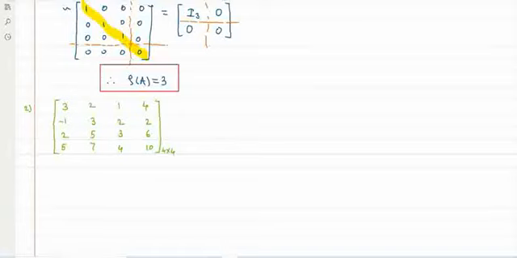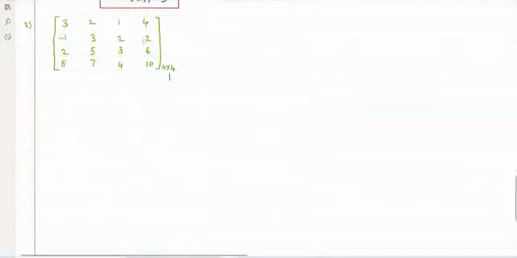So the first step, call the given matrix as A. Let A be equal to the given matrix: first row 3, 2, 1, 4; minus 1, 3, 2, 2; 2, 5, 3, 6; 5, 7, 4, and 10.